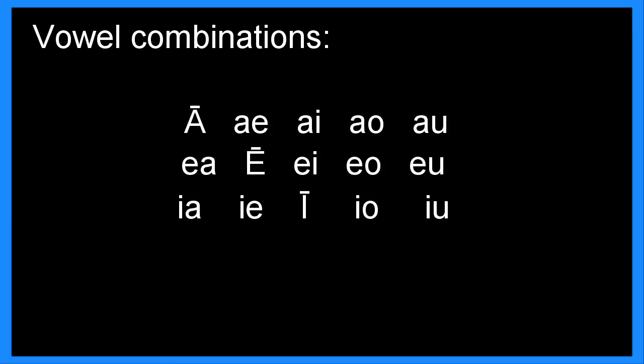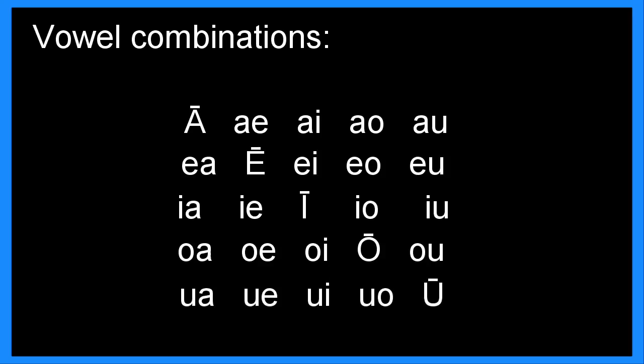Next we step through the O sounds. Oa, Oe, Oi, Oo, Ou. Lastly we step through the U sound. Ua, Ue, Ui, Uo, Uu.